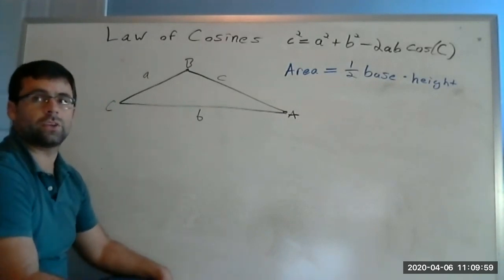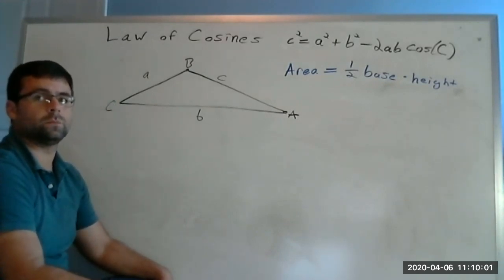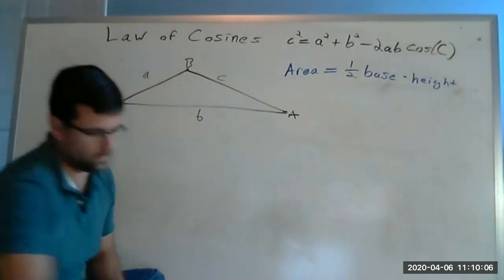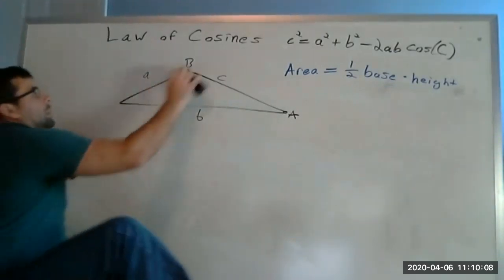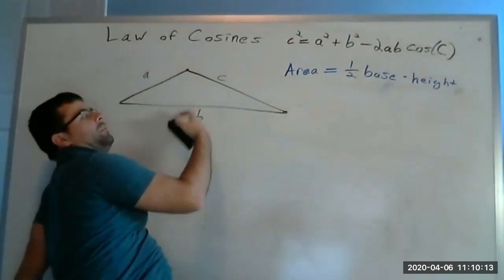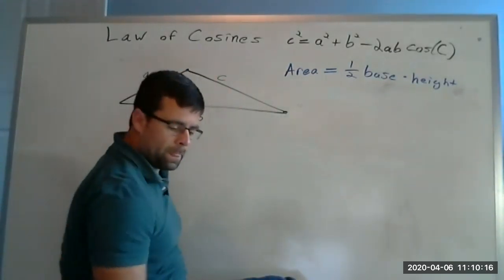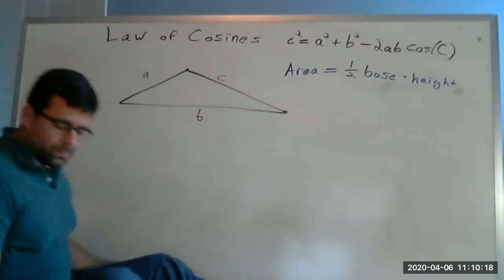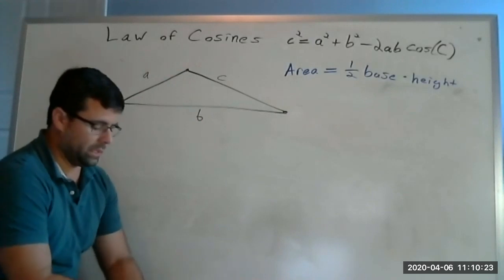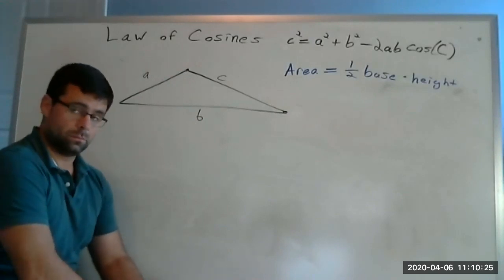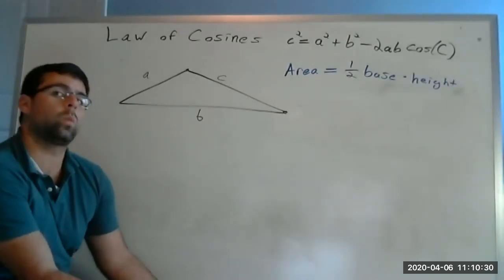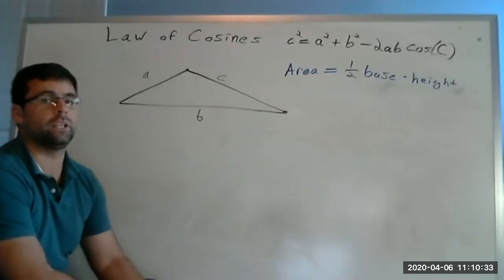Okay, law of cosines. We have the length of these three sides, so we need to find the area. What else do we need to find the area of this triangle?